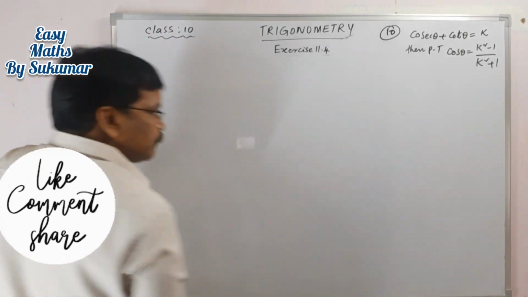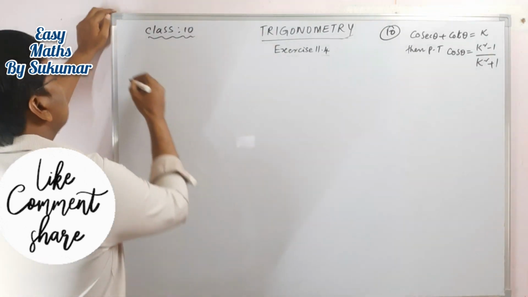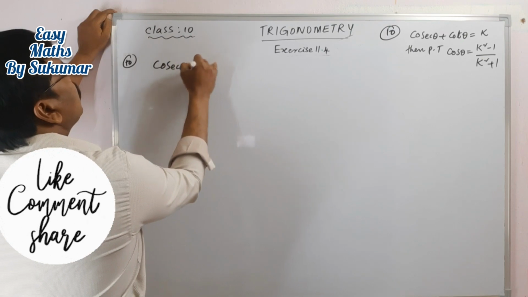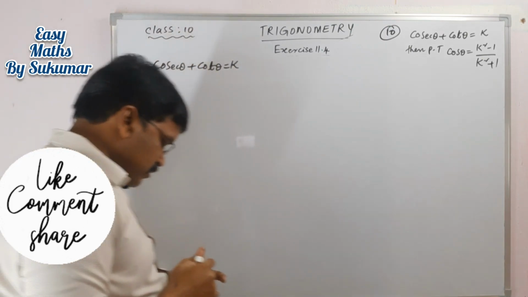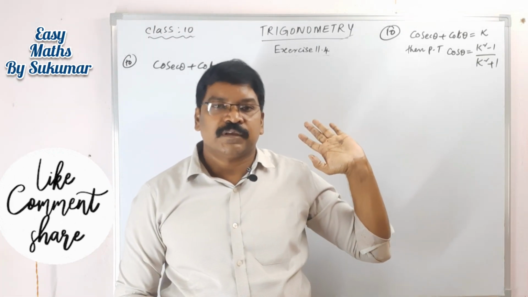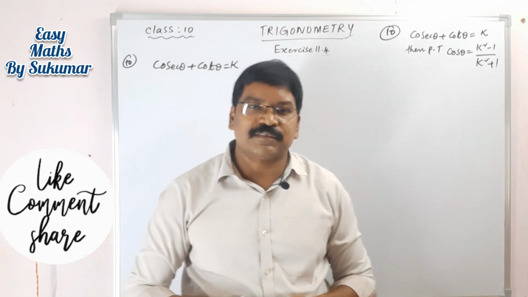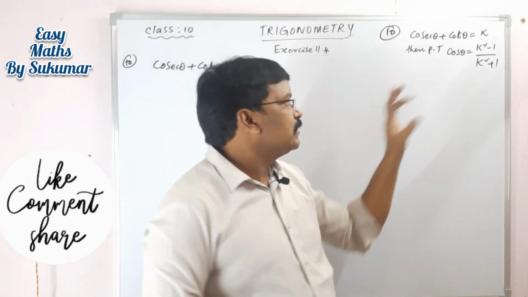Look here, cosecant theta plus cot theta is equal to k. Let me write here, cosecant theta plus cot theta is equal to k. Actually, for your information, this sum was given when I was writing the 10th class public examination, long ago, the same question.